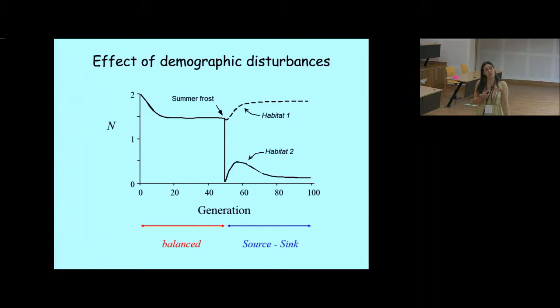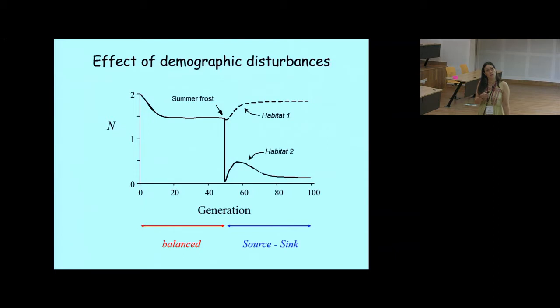And then because you kill everybody, of course the population size decreases a lot. But after this disturbance, you do not come back to the system where you had the same density in both patches of habitat.